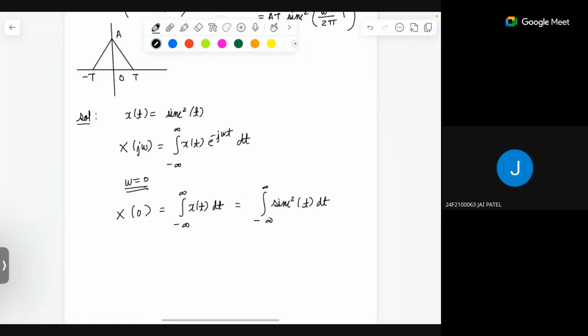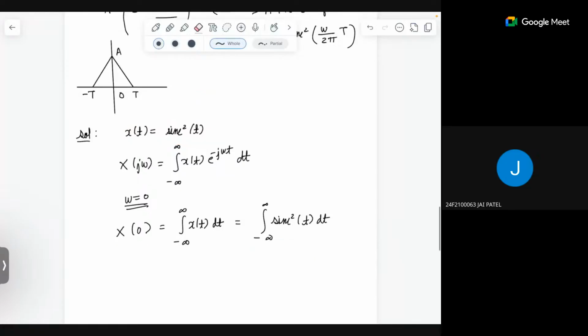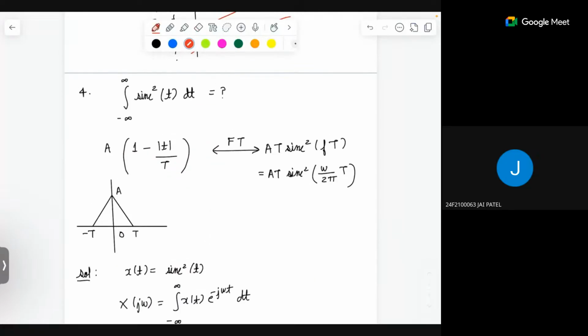Is that fine? Yes, ma'am. Now this integral is equal to the value of the Fourier transform at omega equal to 0. So we need the Fourier transform of this signal. I gave you the Fourier transform, this one.